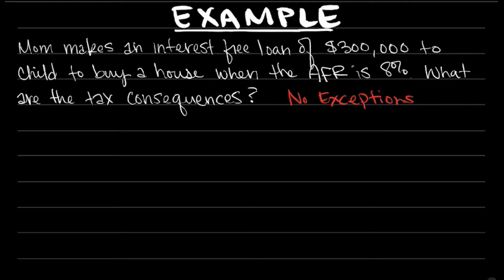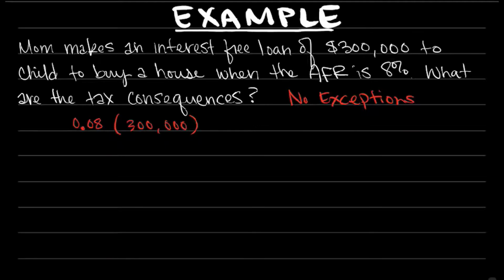So the first thing I do, since it's compounded semi-annually, is take the interest rate of 8% and multiply that by the $300,000 loan. Not quite, because it's semi-annually compounded.